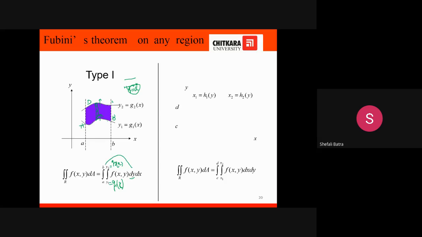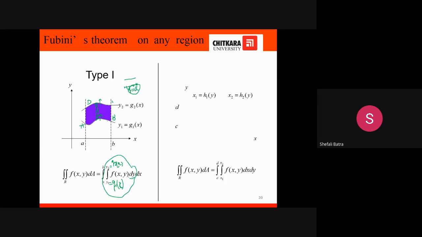Why so? Because if you take this constant, your answer would be in terms of a variable, and that is not feasible. When you are evaluating an integral, you are getting some value.